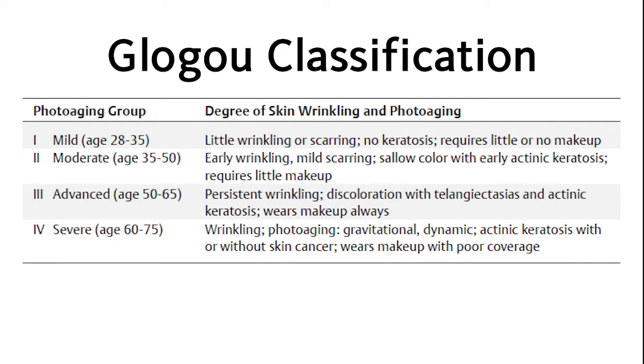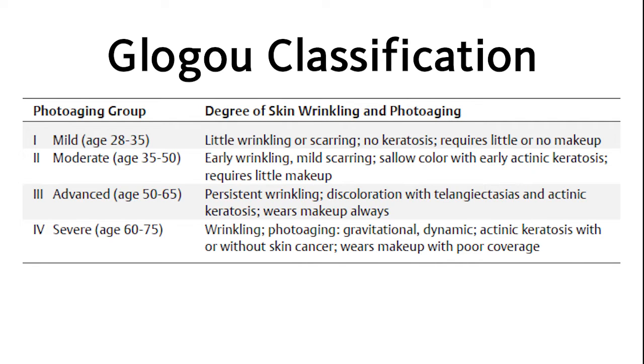Group 2 means the moderate, age from 35 to 50. This skin has early wrinkling and mild scarring, sallow color with early actinic keratosis. It requires a little makeup.